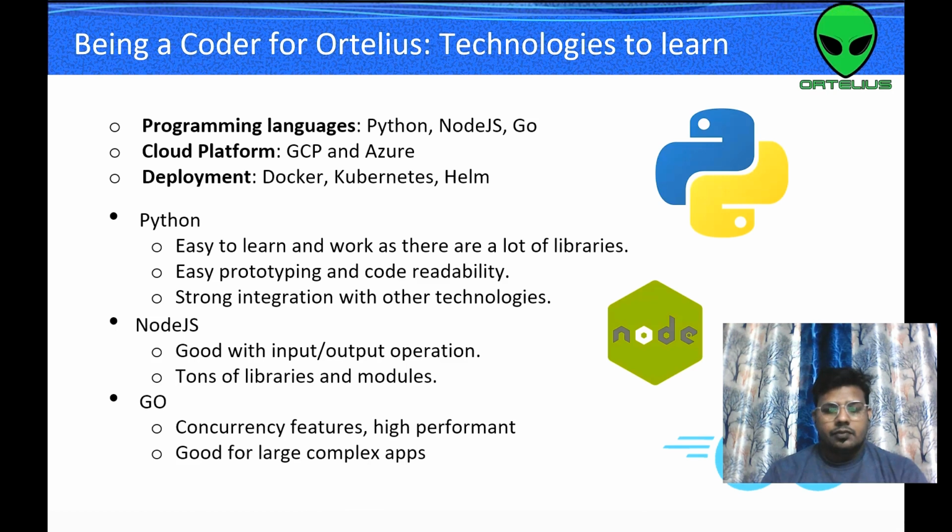For Node.js, it's been in the industry for quite a long time, and we have tons of libraries and modules that we can leverage. And with Node.js we have multiple options for input-output operations, so that comes as an advantage of using Node.js. Why do we use Golang? Golang is becoming a very popular language these days due to the advantages Go has.